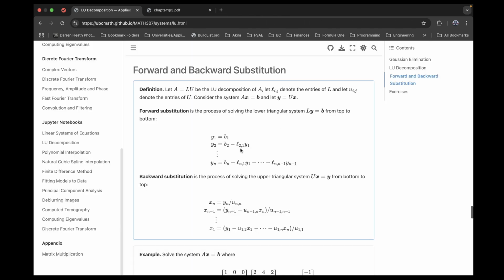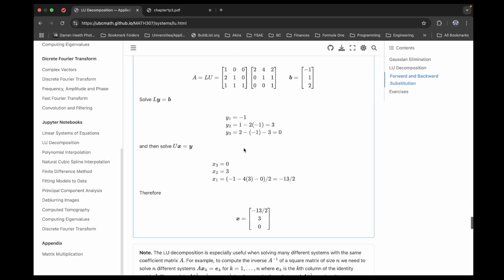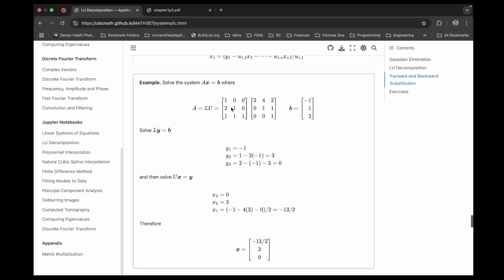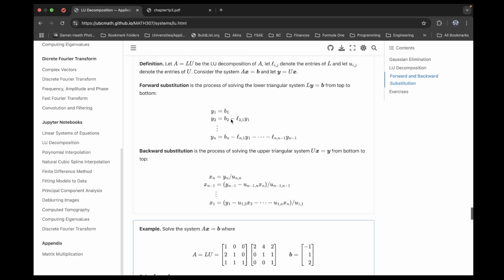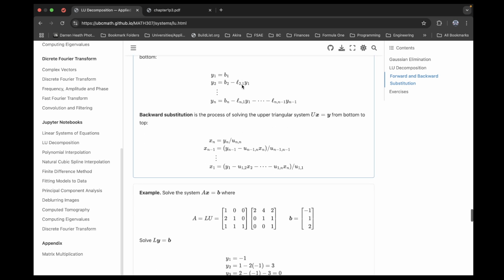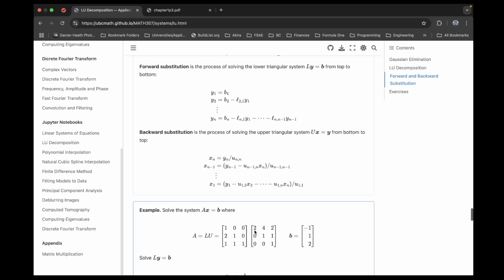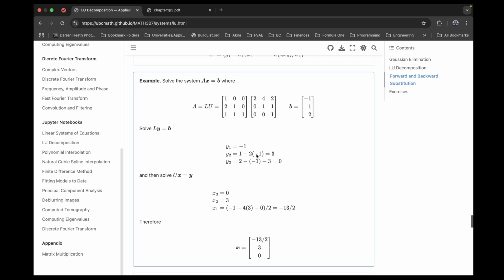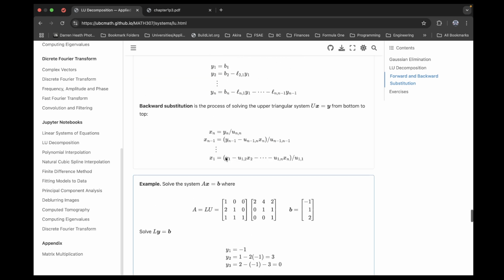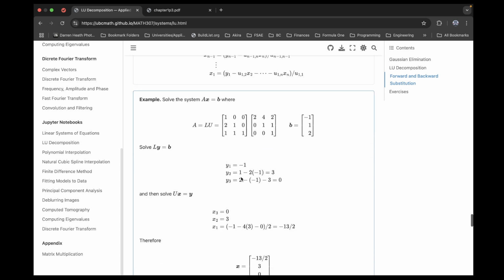So row 2, column 1. Oh, and then minus, wait, row 2, column 1.